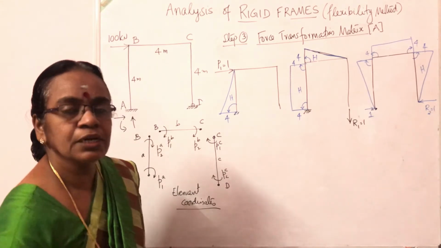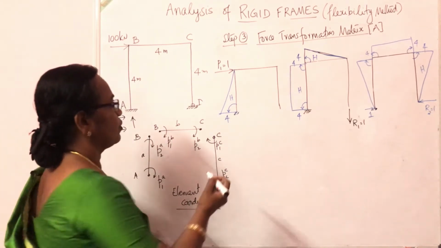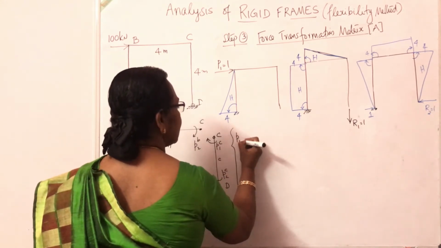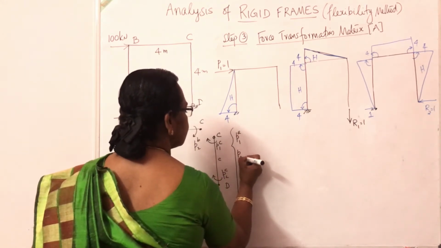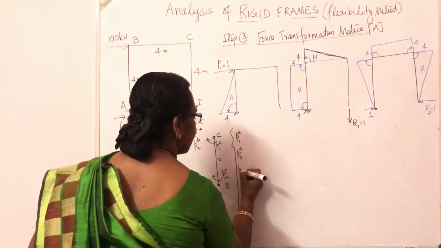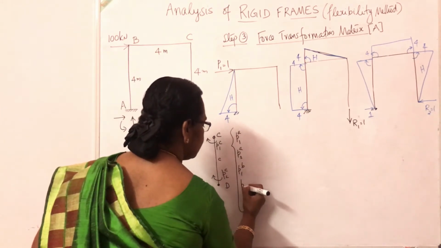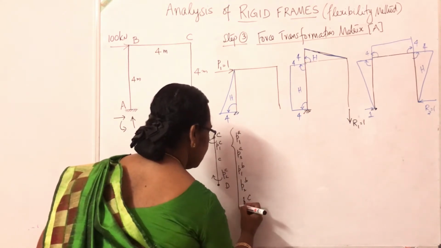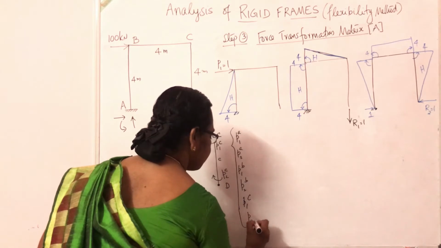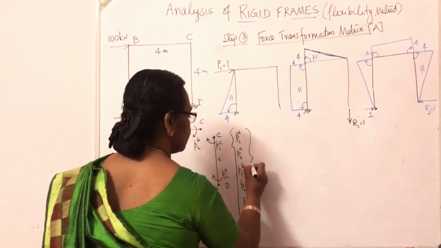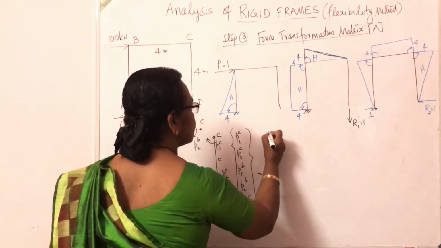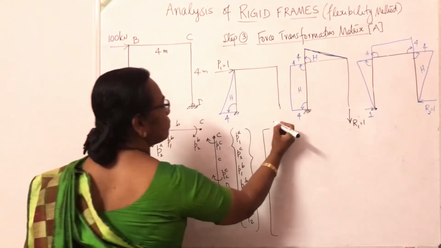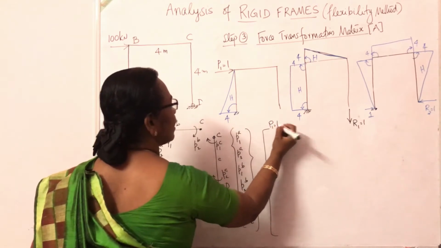Now we can write down the transformation matrix. So the transformation matrix is, there are 3 elements, P1 of A, P2 of A, P1 of B, P2 of B, P1 of C and P2 of C. Looking to the first, when you apply capital P1 is equal to 1, write down the values.